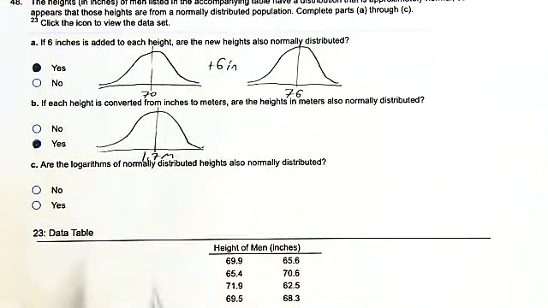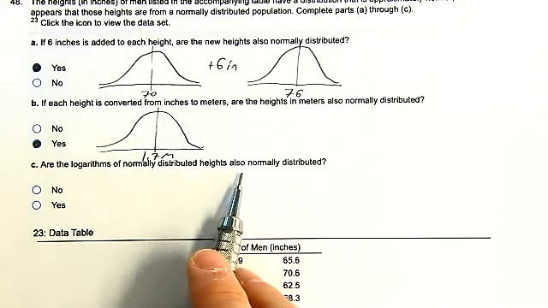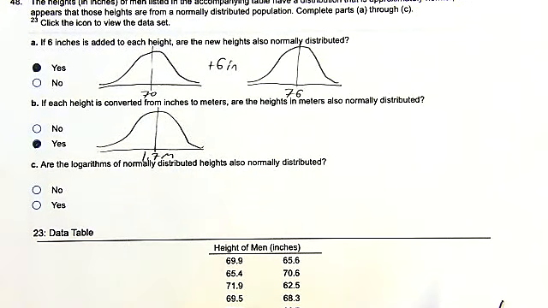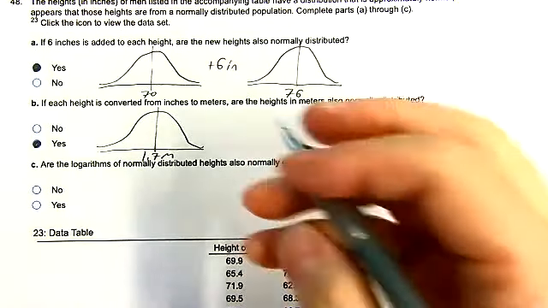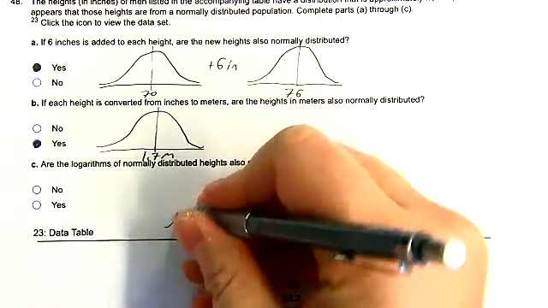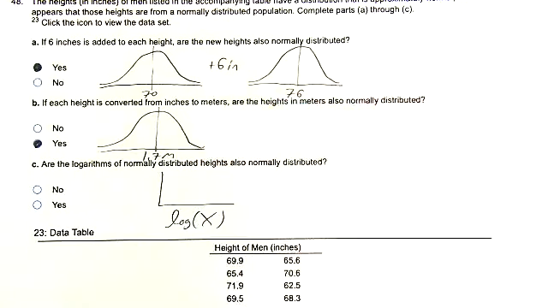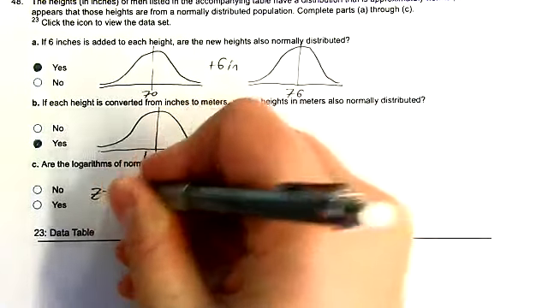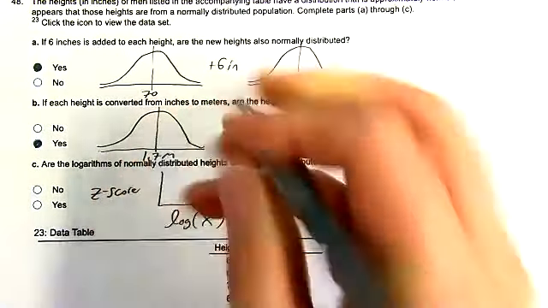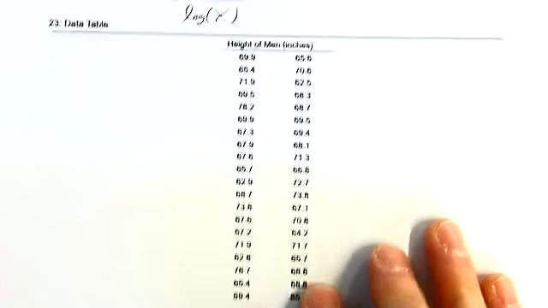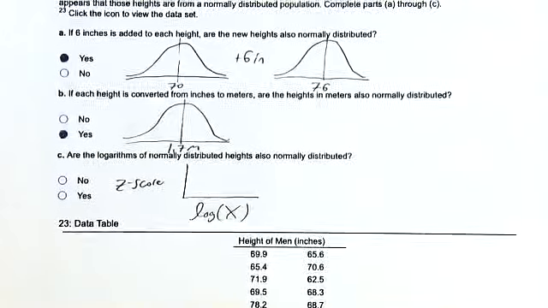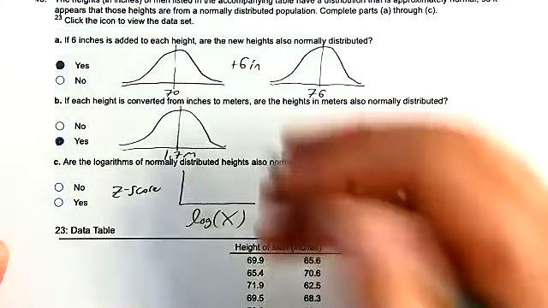Okay, then it says, are the logarithms of normally distributed heights also normally distributed? What they did there was they took each x value and took a logarithm of it. To help you answer this question, I took the logarithm of all those data points, and then I did a QQ plot for it, and here's what the QQ plot looked like.